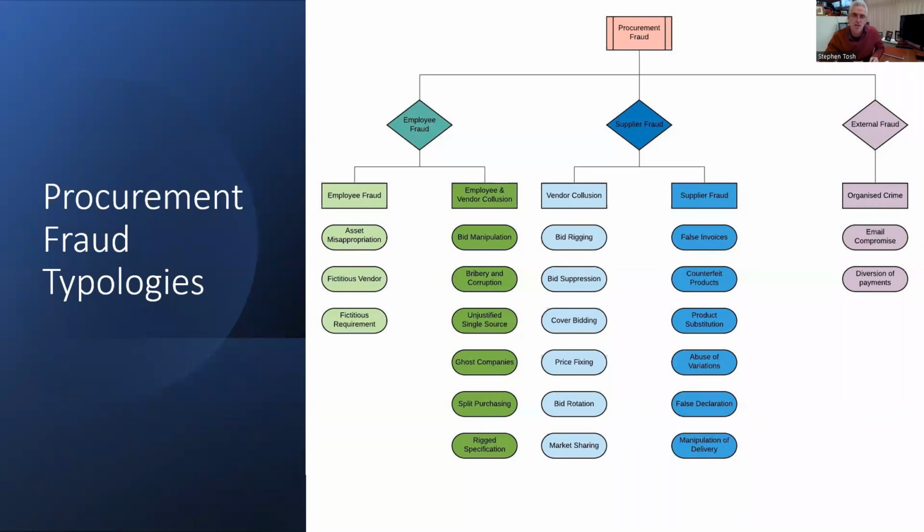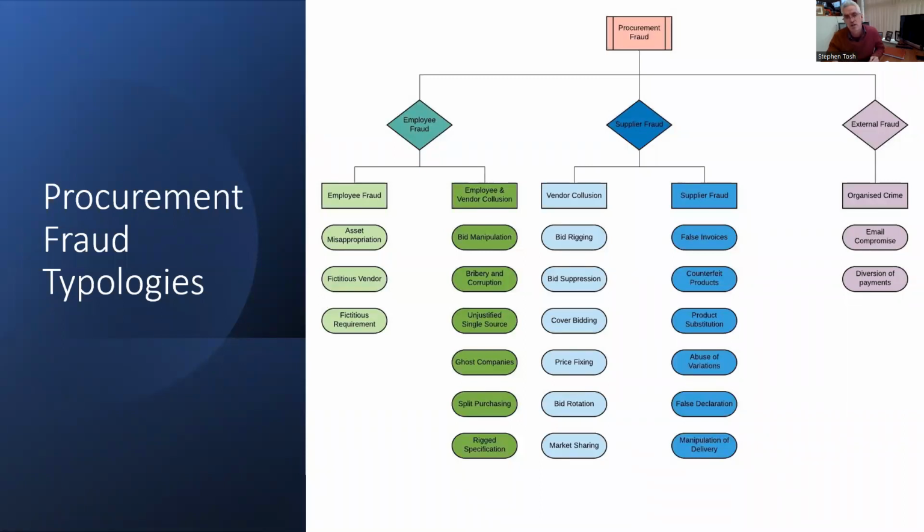From left to right, you've got your completely insider corruption, where an individual or individuals within an organization will look to either steal assets or defraud the organization by creating fictitious companies. You've got the fraud and corruption between an insider and a supplier. You've got the collusion between companies to manipulate the competition process and ultimately inflate the price of the contract.